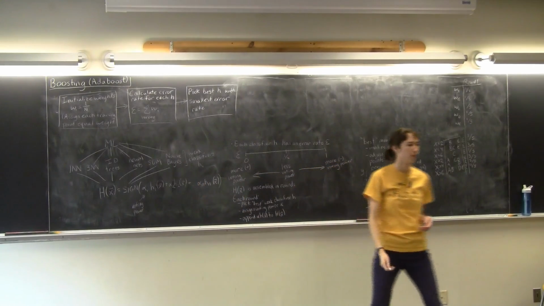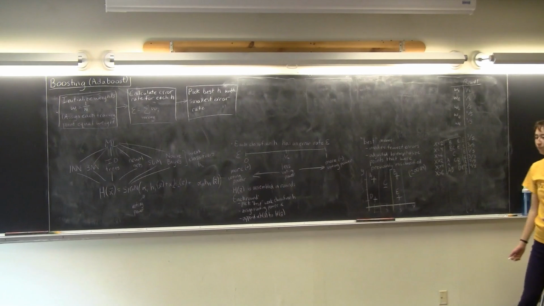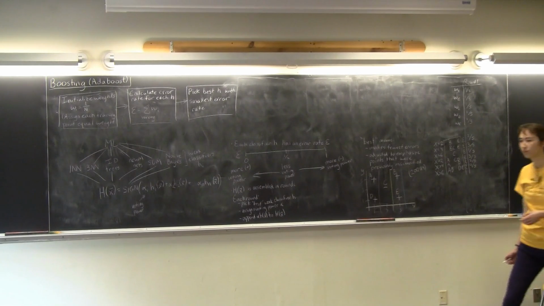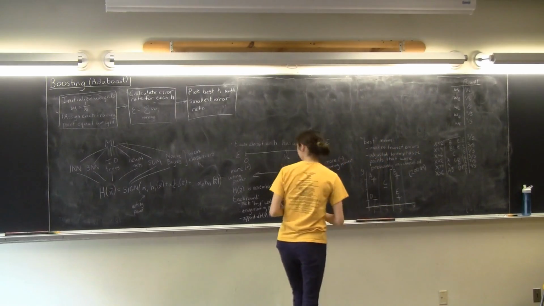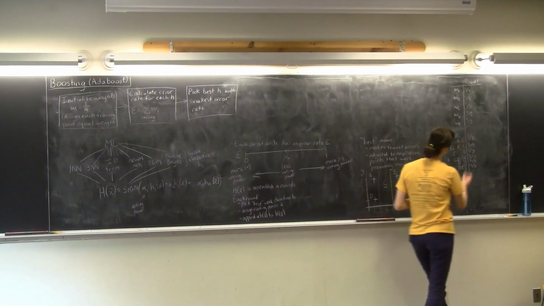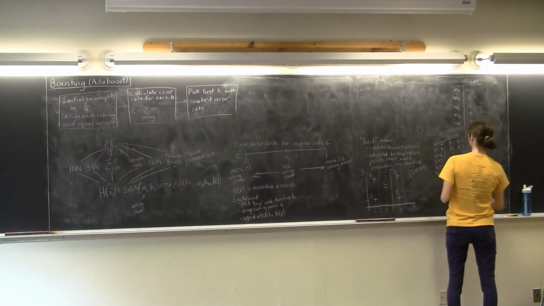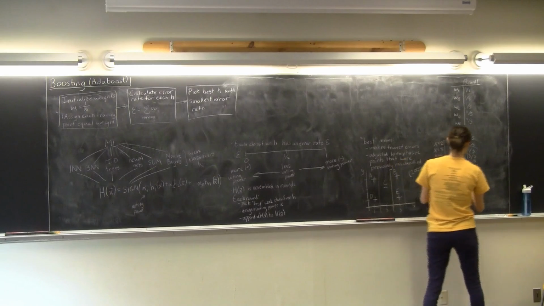Which one is the best right now by that definition? Yeah, x less than 6, because it has an error rate of 1/5, which is less than any of the others. So we'll pick that one.